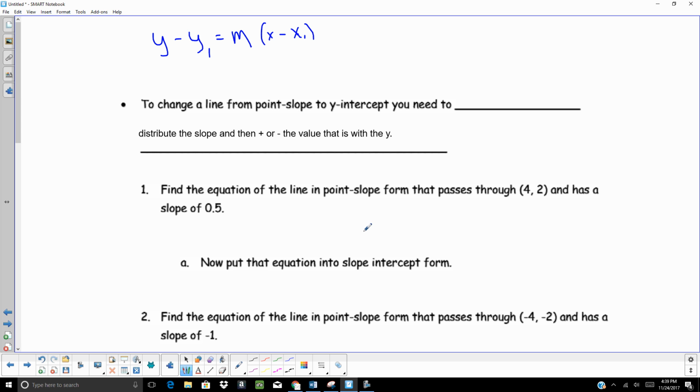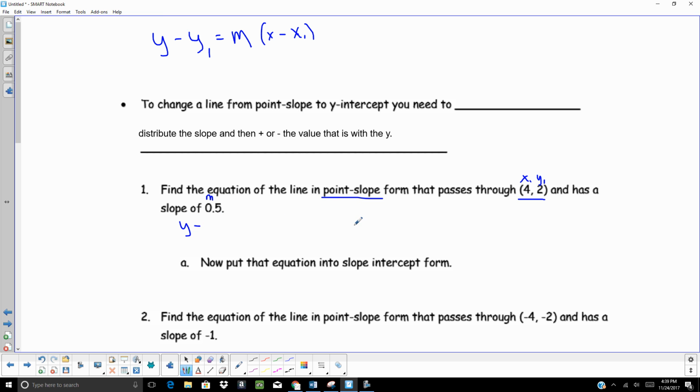So they want the line in point slope form. It passes through 4, 2. So that's my x sub 1. That's my y sub 1. And has a slope of 0.5. So let's go ahead and put that in there.